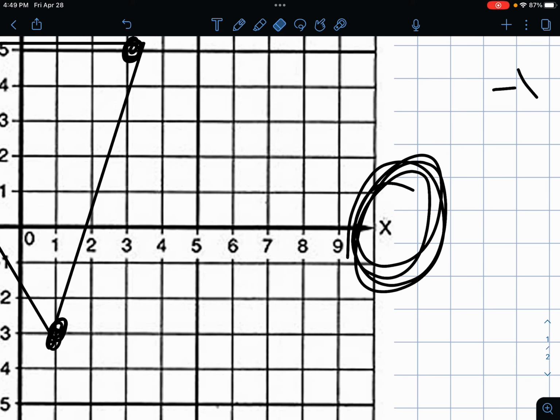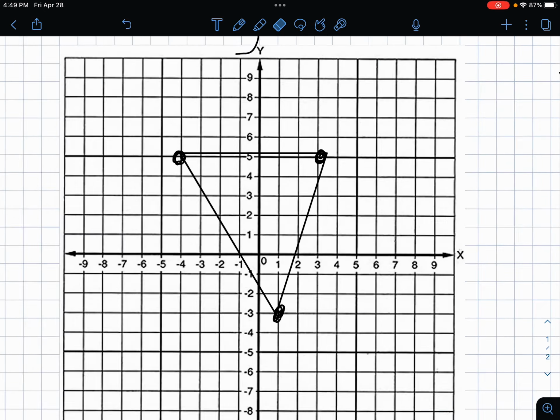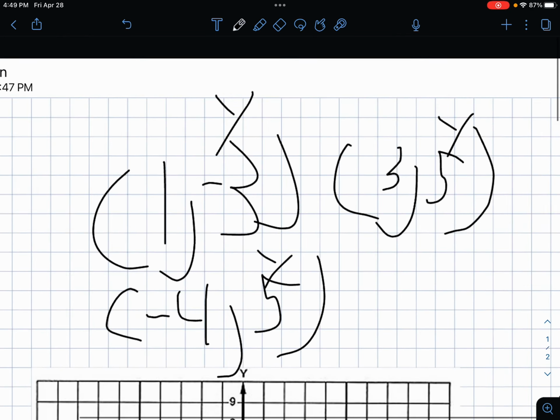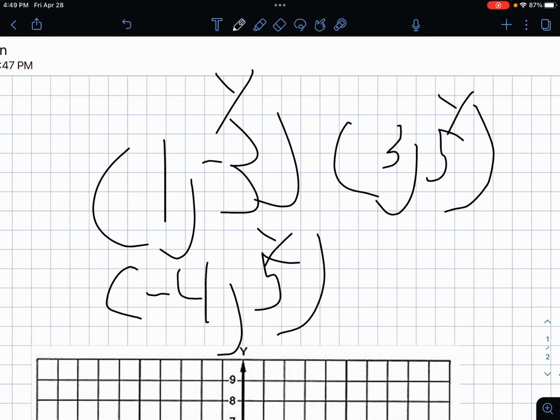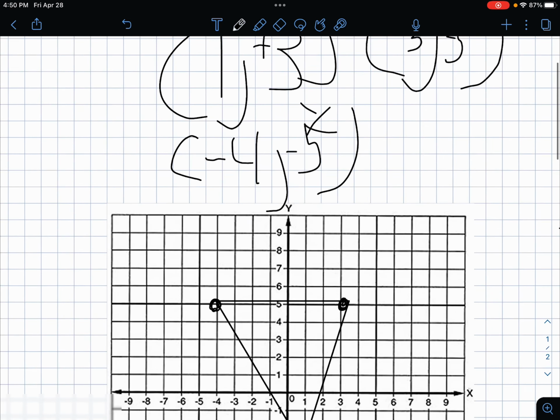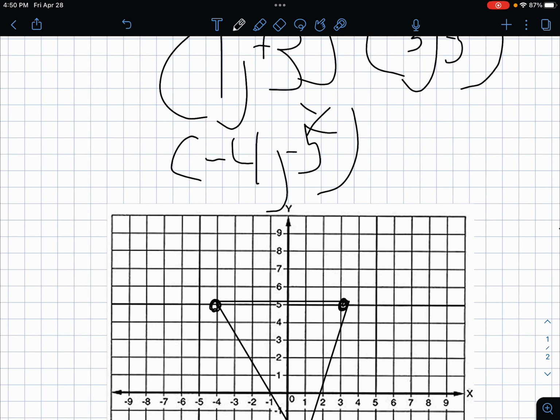Now, let's go ahead and make all our y's, which are negative 3, 5, 5. Negative 3 cancels out with the negative, so now it's positive 3. And both 5s become negative 5.